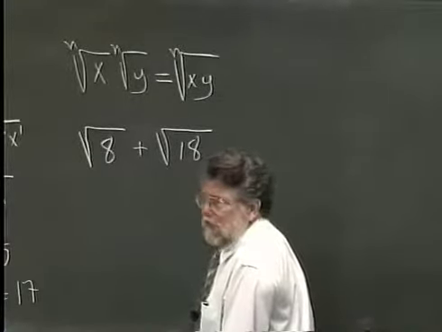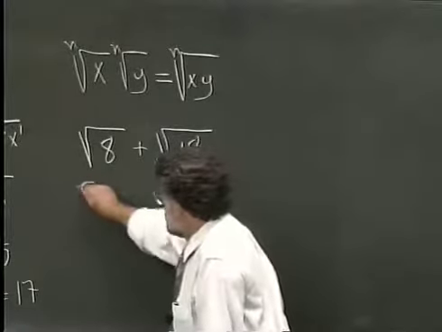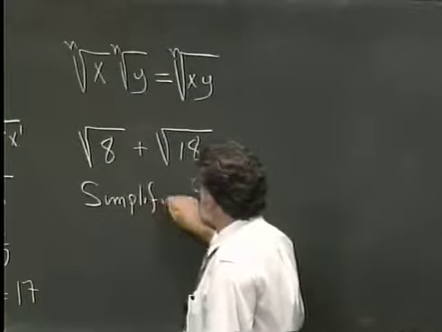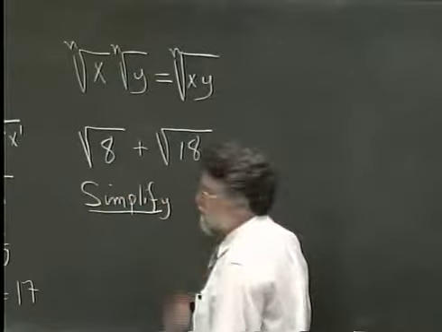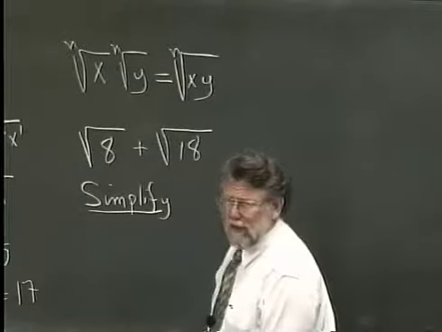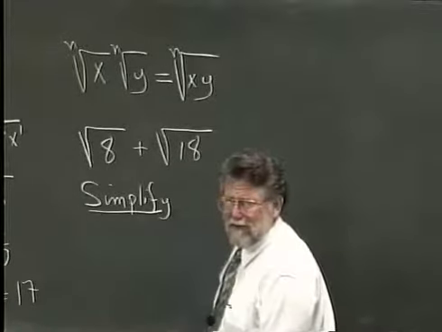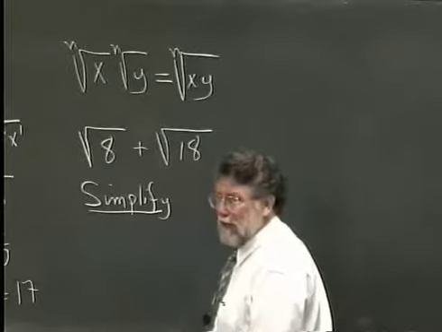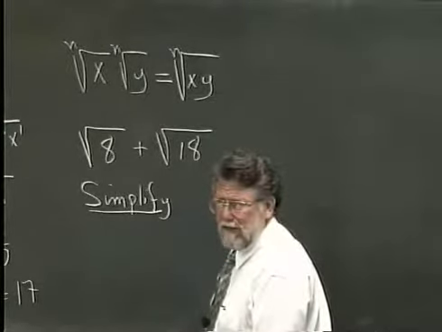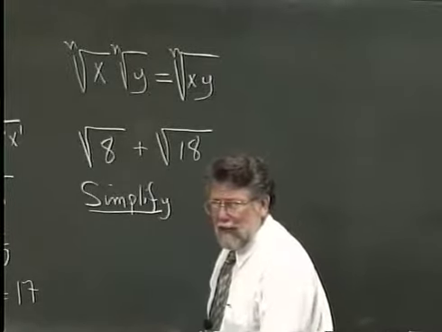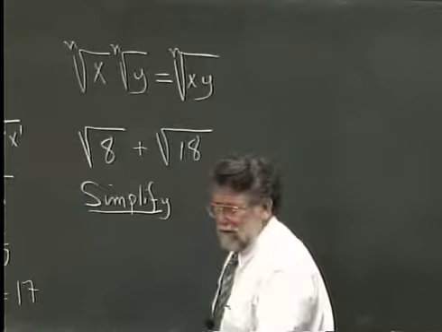However, we are going to look at this as our objective, to simplify that expression into a nicer expression if you didn't have a calculator handy. Okay? Now, I've rigged this problem. The answer is not to add 8 and 18. Multiplication works, the addition doesn't work that way.